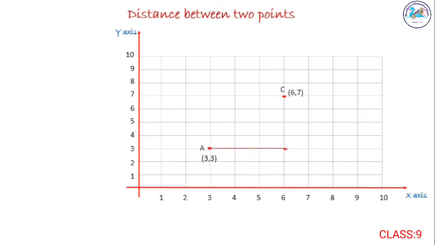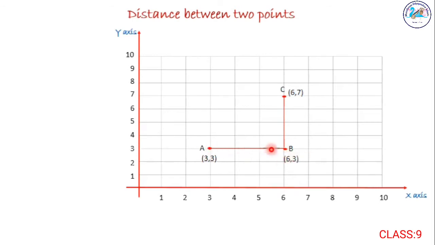From A to C we can move in two different ways. The first one is the shortest distance, this one, going directly from A to C. Another way is from A, move to the right side and then go upward. When I move to the right side, I reach this position. I mark that point as B, which according to the Cartesian plane is (6, 3): 6 from the y-axis, 3 from the x-axis.